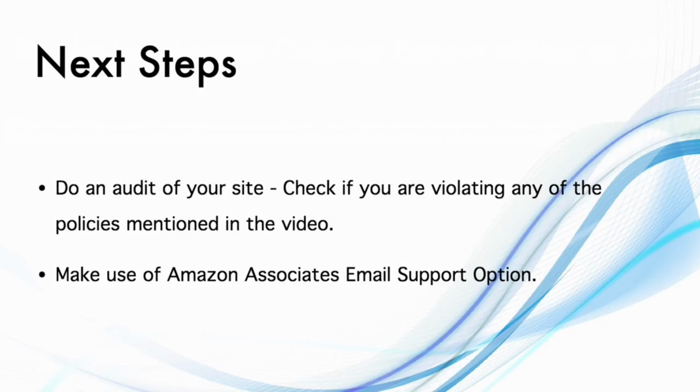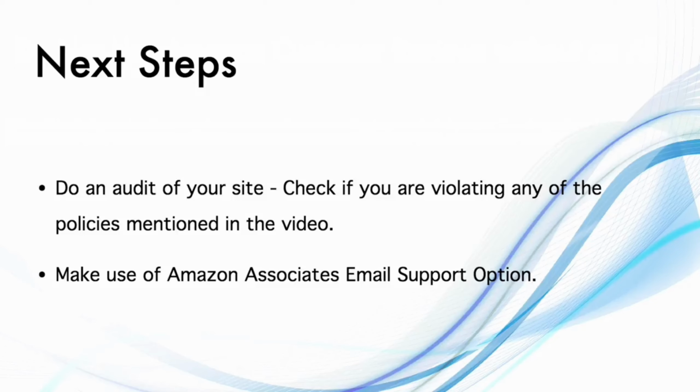The next step is to do an audit of your website. Make sure whatever I mentioned in this video, you are not making the same mistakes on your own niche site or affiliate blog. If you have any doubt whether your website or niche site is as per Amazon guidelines and you're not sure about a particular Amazon term or guideline, make sure you write to the Amazon Associates email support.